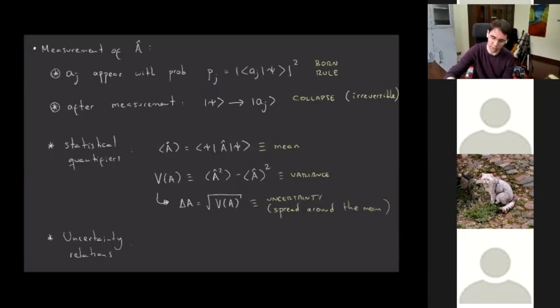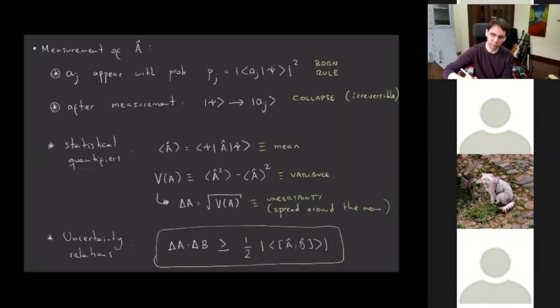What the uncertainty relations say is that if I have two observables, A and B, then the product of uncertainties of A and B in some state of the system is always lower bounded by something that is proportional to the expectation value of the commutator between the corresponding quantum mechanical self-adjoint operators. So this is an incredible consequence of quantum mechanics.